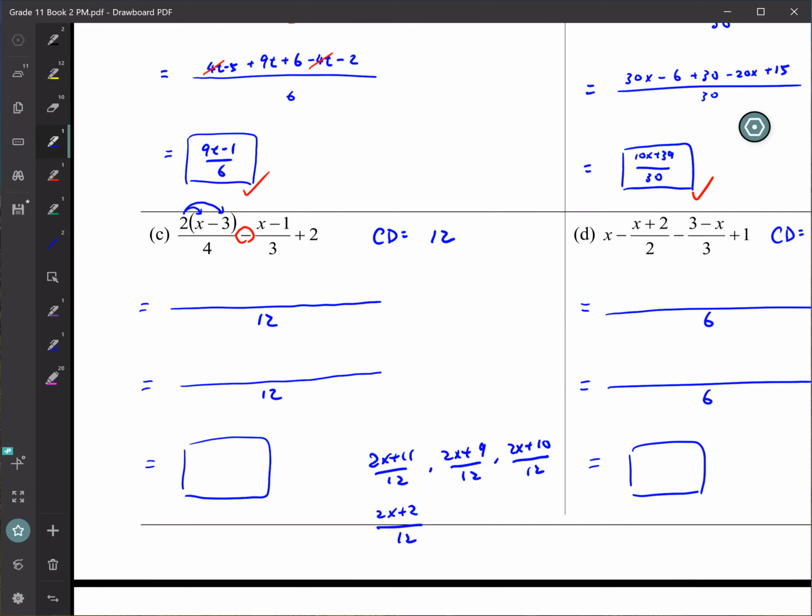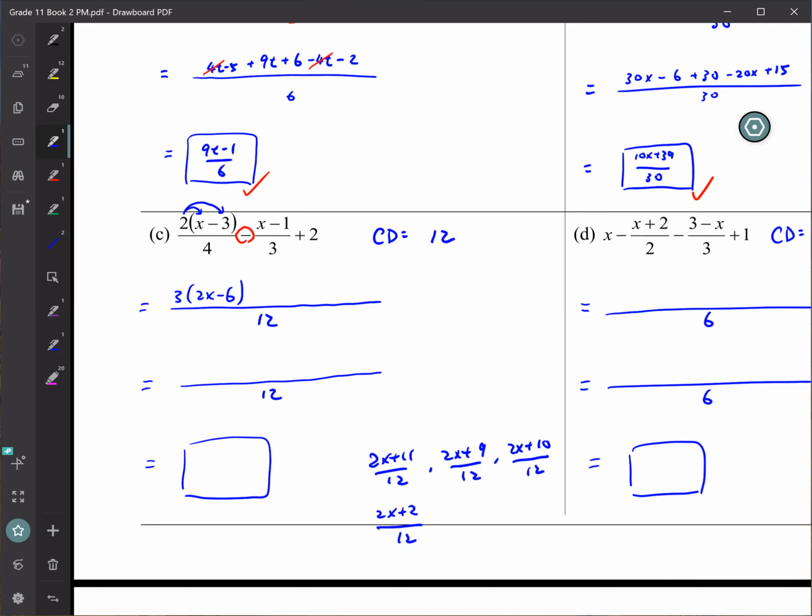The numerator, okay? Let's have Ivy. What do you put in the numerator when we get a common denominator? Like 3 times bracket 2x minus 6. Yeah, continue.